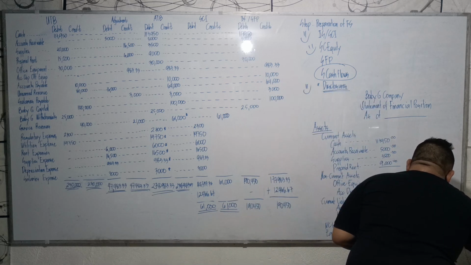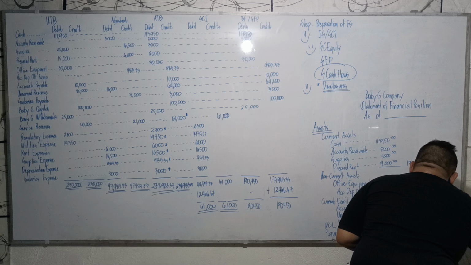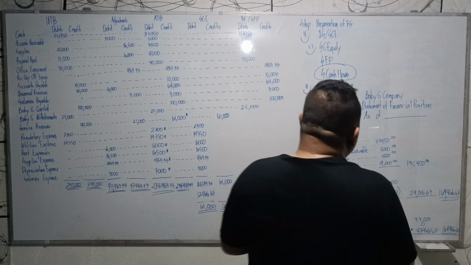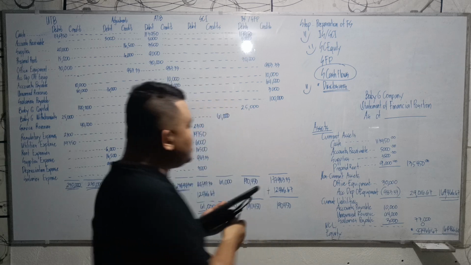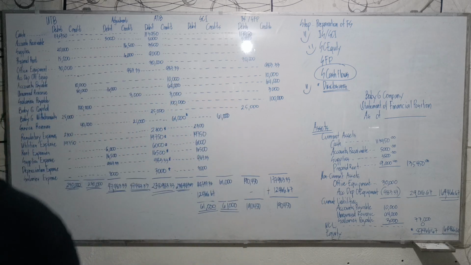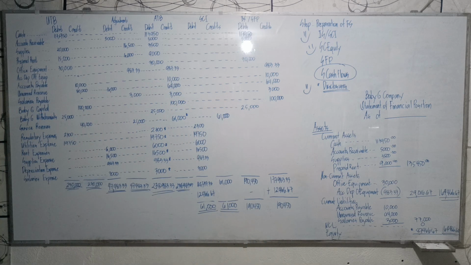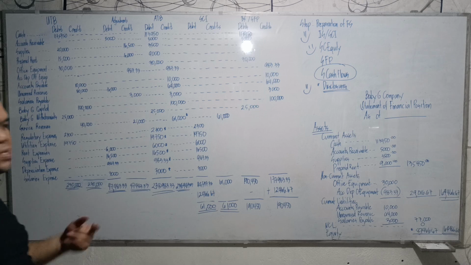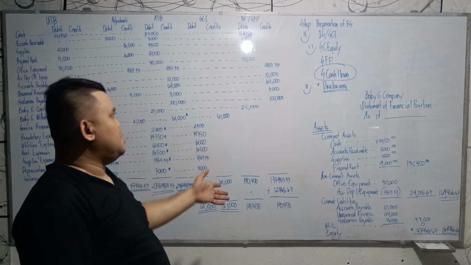So that's balanced. So the assets is equivalent to the liabilities plus the equity. So those are the 4 FS that is featured here in this episode.